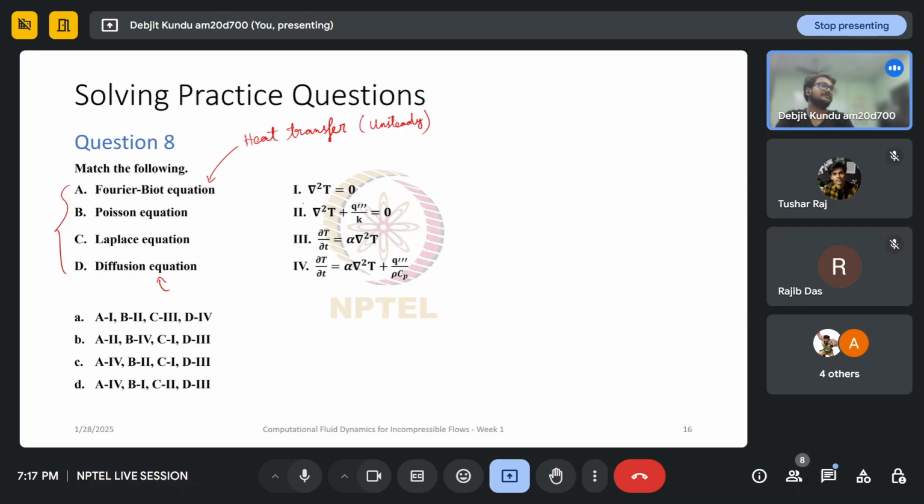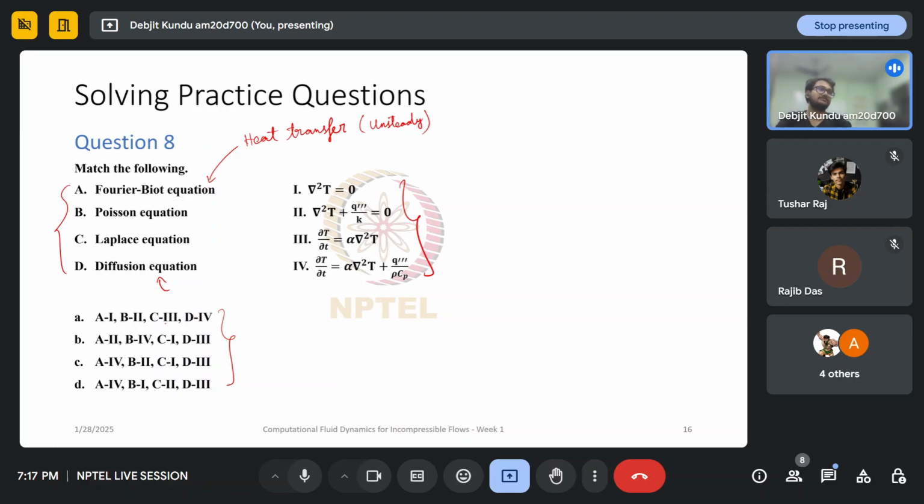And these are the options on the left, and we have another column on the right, which are the equations themselves. You have to match the column as you must have done in school sometime. So as options, we have A1, B2, C3, D4. These are different combinations. First, figure this out, then try to find your combination from the options given here.